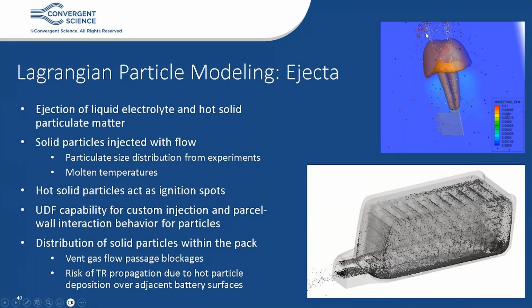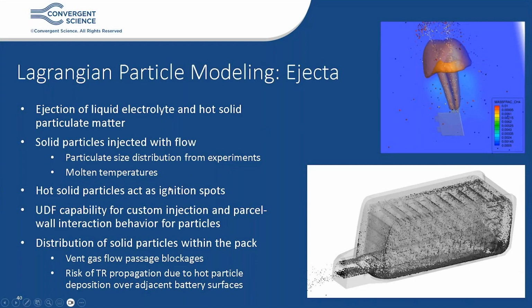They are often at molten or very high temperatures, so they can be included in your simulations to ignite these gases. Of course, UDF capabilities have been used along with the venting of gases. Venting of the solid particles can also include UDFs to couple it with thermal runaway reaction mechanisms inside the solid.